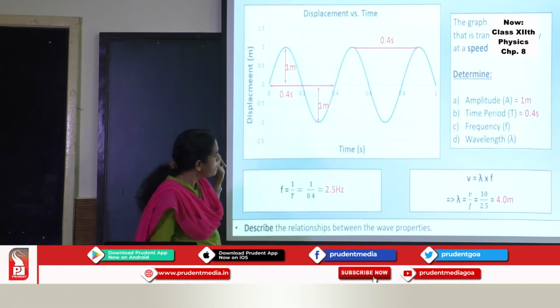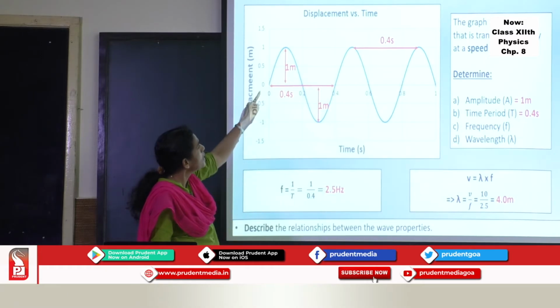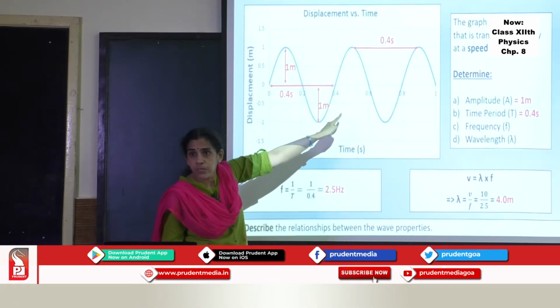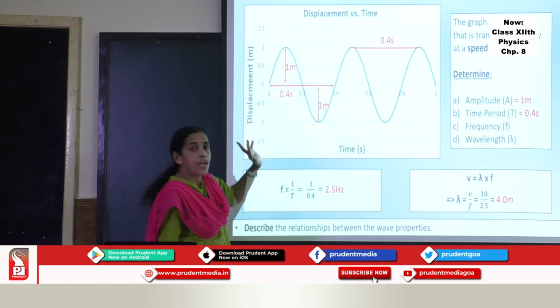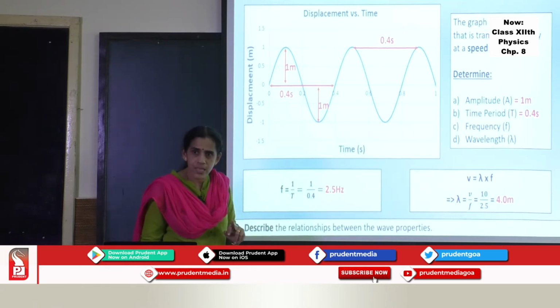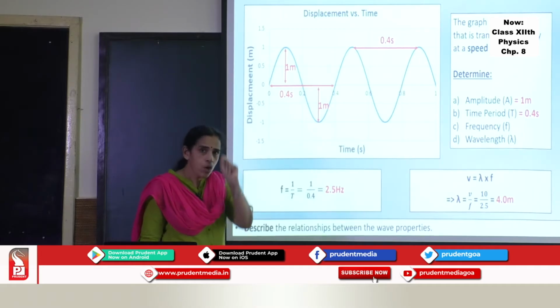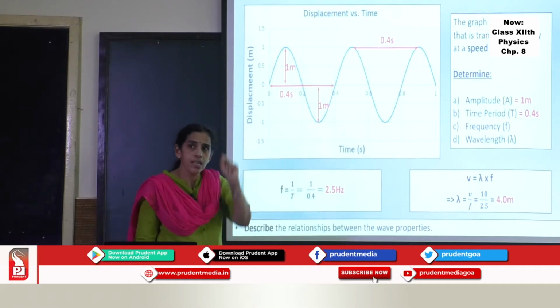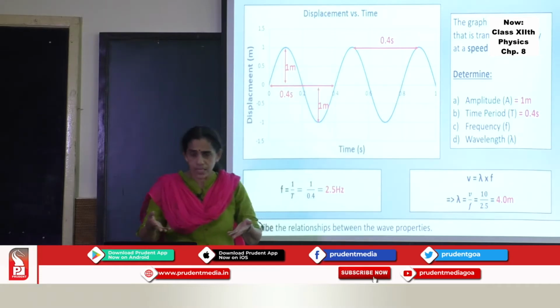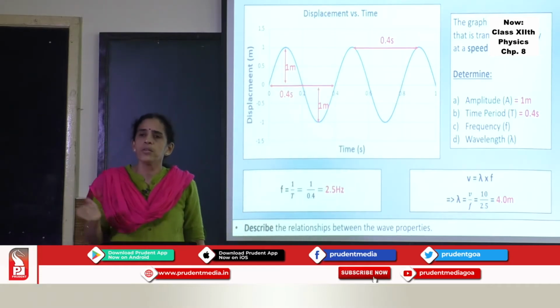Therefore, the time period here is how much? From here to here, that is 0.4 seconds. And the frequency, how do you define frequency? The number of oscillations in 1 second. That means, in other words, one oscillation produces one wave.